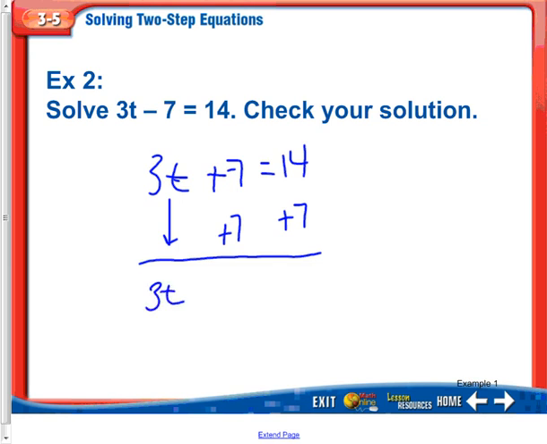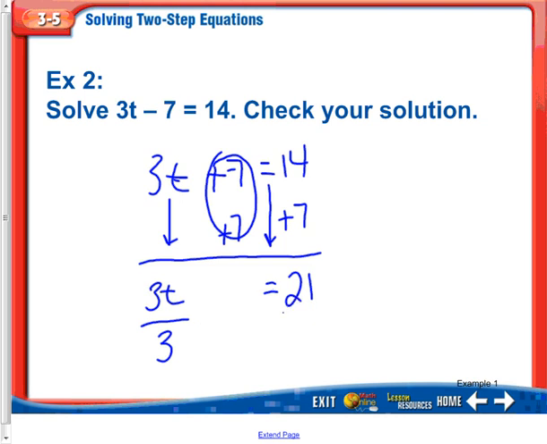I'm not doing anything to my 3 times t, so I'm going to bring that straight down, keeping everything in my equation lined up. I'm going to bring my equal sign straight down. Negative 7 and positive 7 cancel. And if I have 14 and I have 7 more, then I have 21. Now I need to divide by the coefficient because I'm on to my step 3, which says get rid of any multiplication or division to the side with the variable.